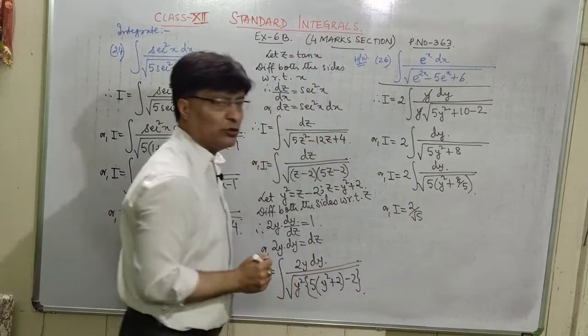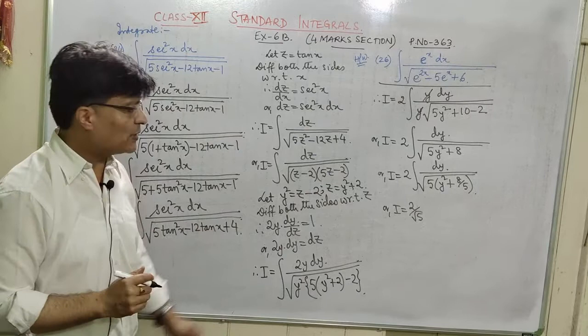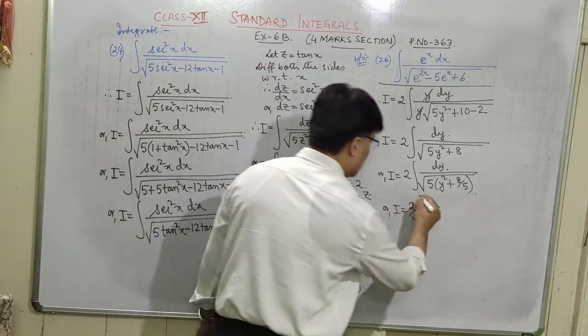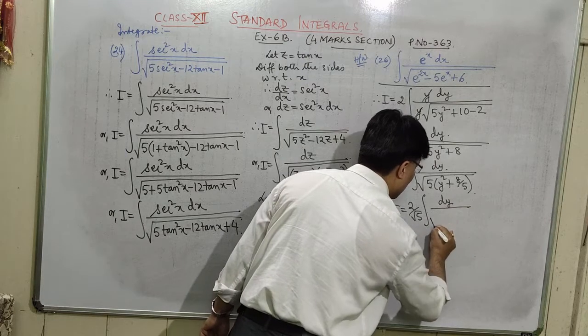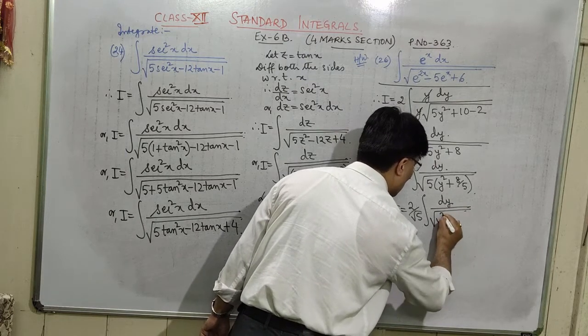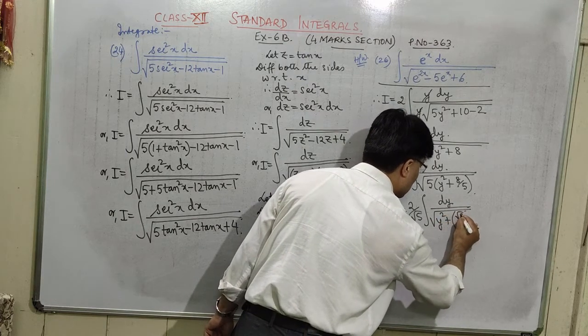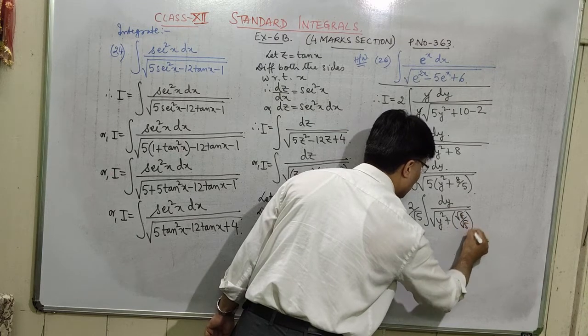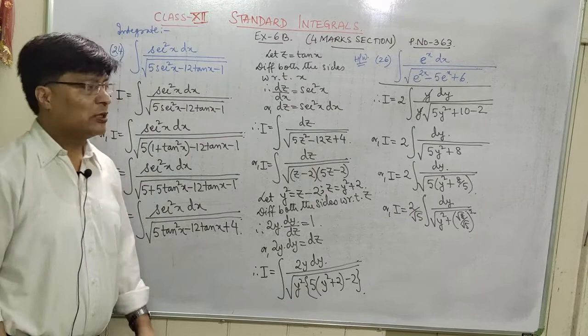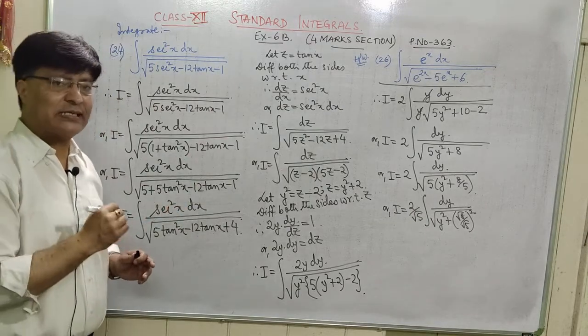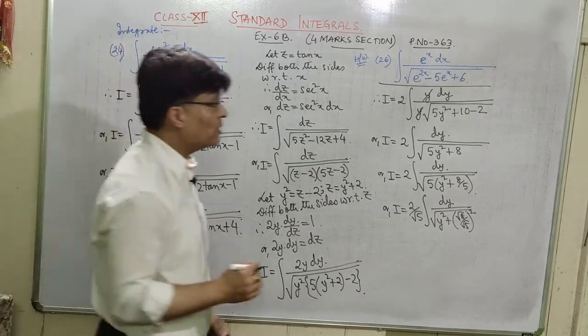This is root 5 in the denominator, so root 5 is taken outside, that is 2 by root 5. So it is integration of dy divided by within square root y square plus, this is root over 8 by root over 5, whole square. Is that understood now? So this is your dx divided by root over x square plus a square.